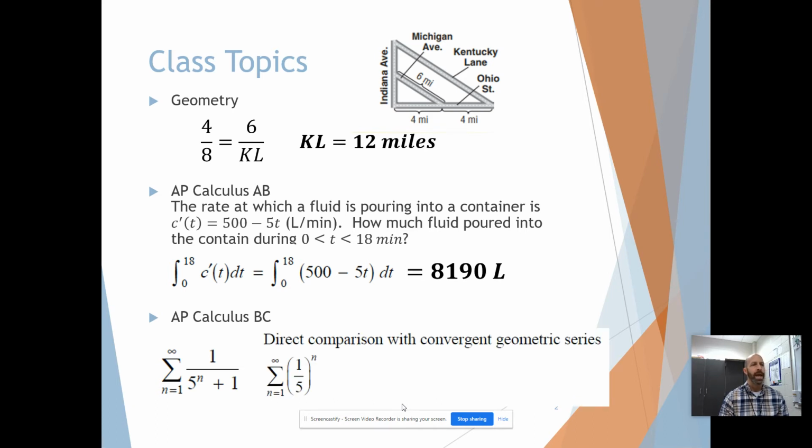However, we can compare, using the direct comparison test, that series to the series sum of 1/5 to the n, and that is a geometric series with r less than 1, so it will converge. And note that 1 over 5 to the n plus 1 is less than 1 over 5 to the n, so it meets all the qualifying criteria to use the direct comparison test, and therefore this series is going to converge.